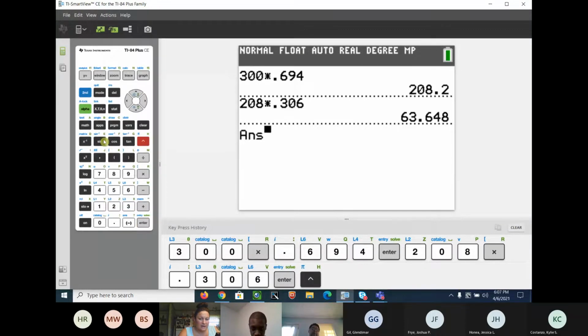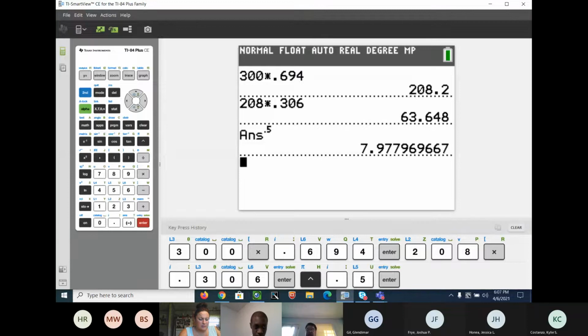To the what power? 0.5. Good job. To the 0.5. That's what I did. And the standard deviation is equal to 8.8. Okay. Go ahead and calculate it again to make sure you got it.